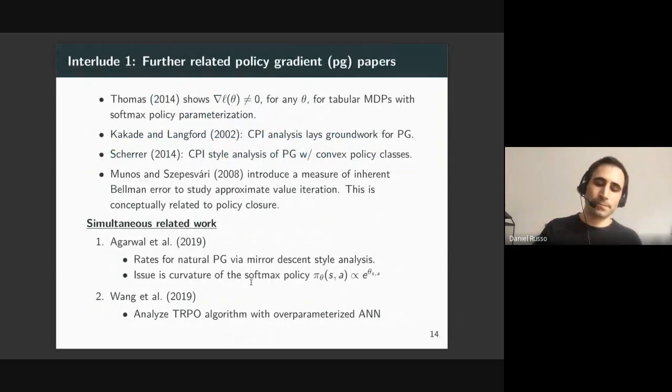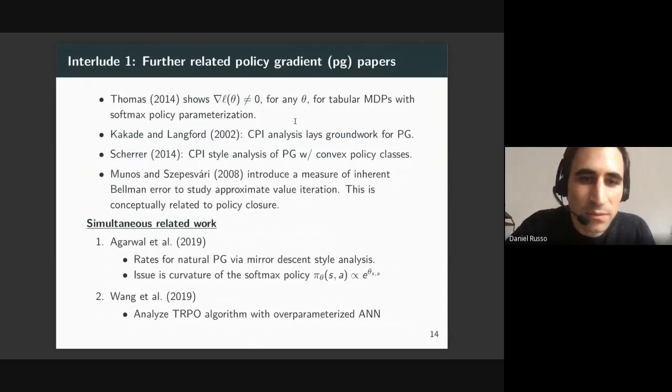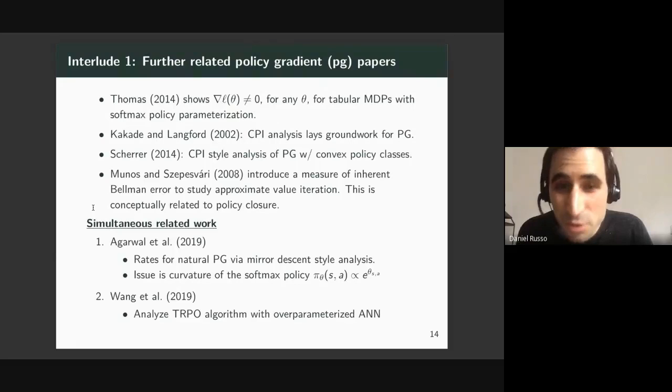Let me make a couple of interludes. I won't go into enough depth here, but certainly this is not the first paper to study convergence of policy gradient methods. There's a rich history in reinforcement learning related to some of these ideas, although maybe still less than I would expect.